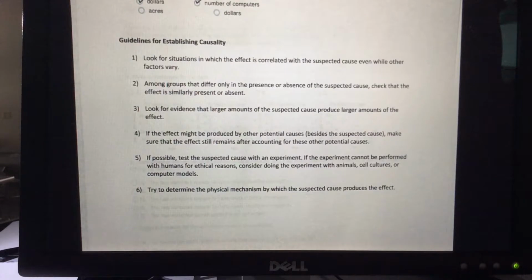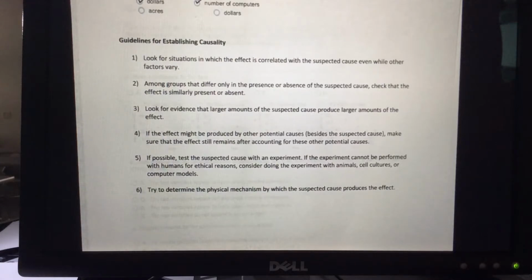Okay, that was something that we looked at in example 5, dealing with the average number of computers in a school district. It tends to increase when the average property tax in that school district increases. So those are larger amounts of the suspected cause producing larger amounts of the effect.